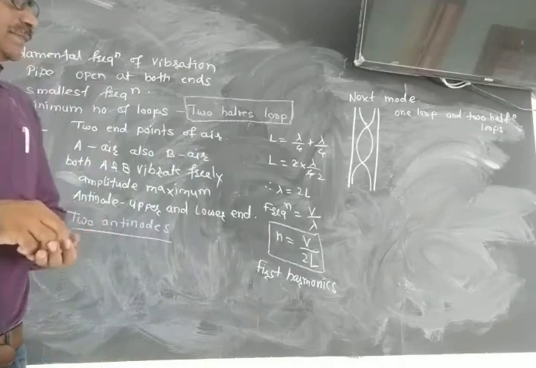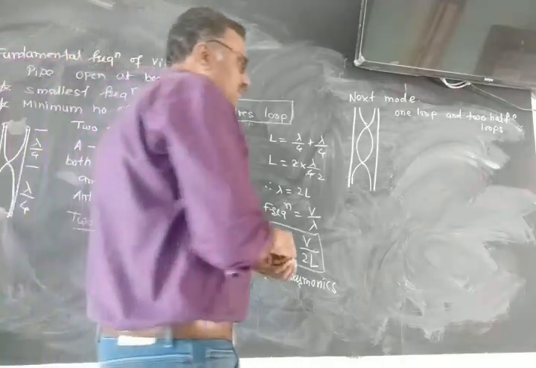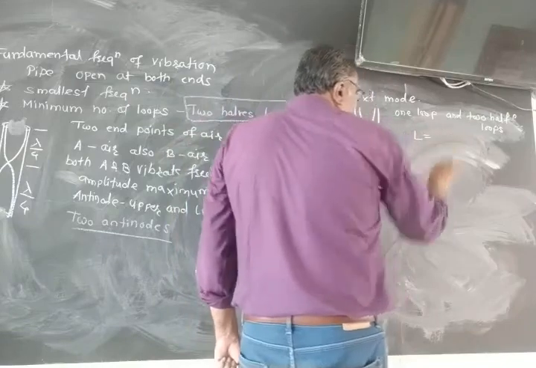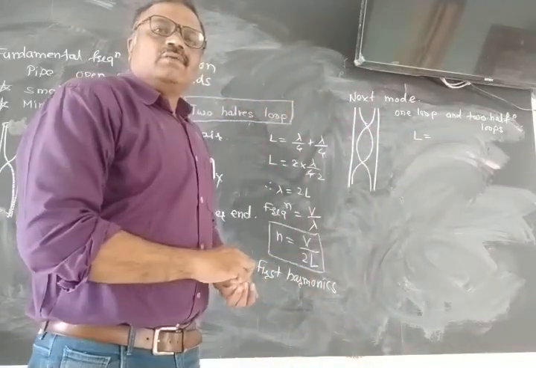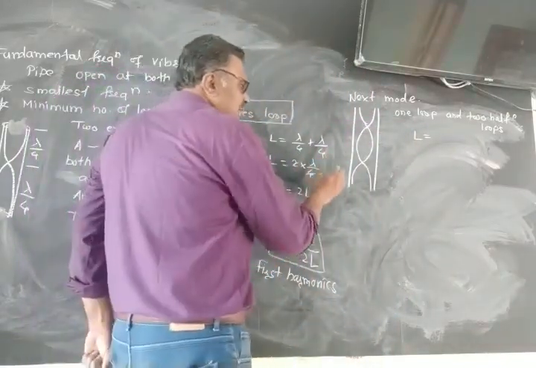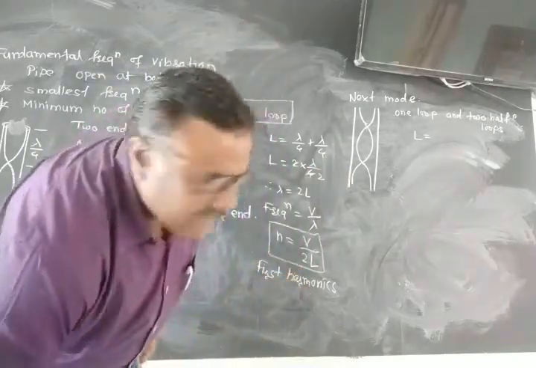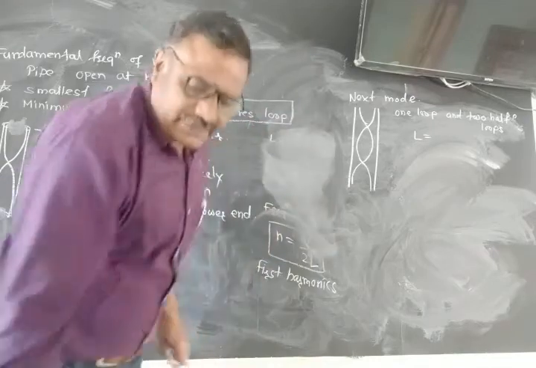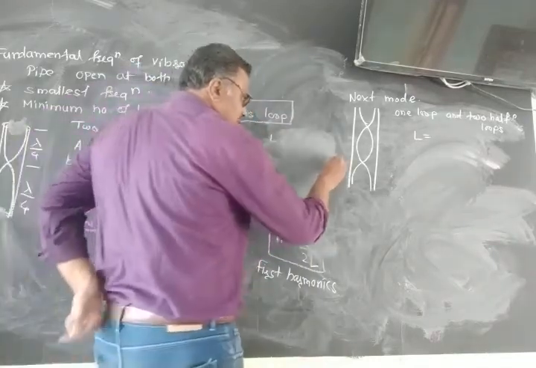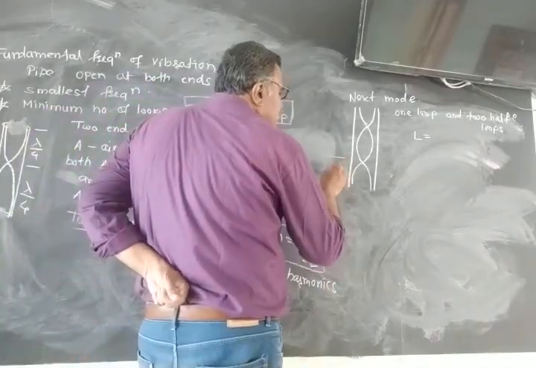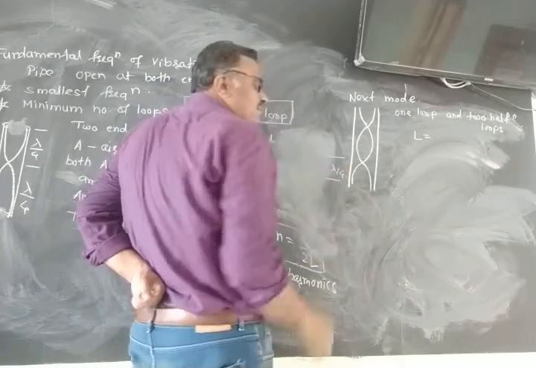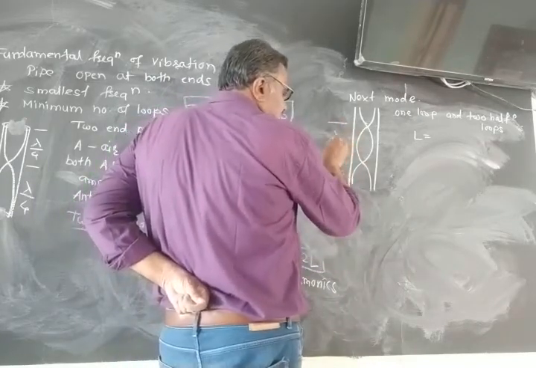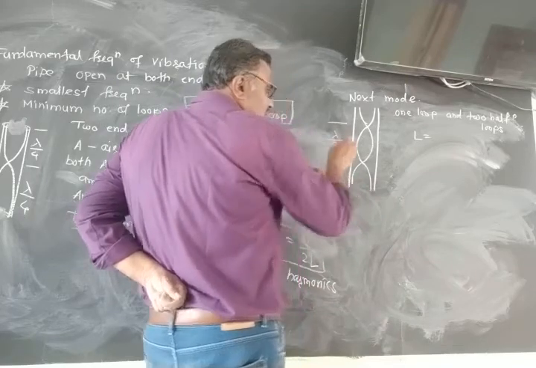Now, suppose the length of the air column is denoted by L. We know the distance between two successive node and antinode is equal to lambda by 4. Therefore, here this distance is equal to lambda by 4. Successive nodes are separated by distance lambda by 2.